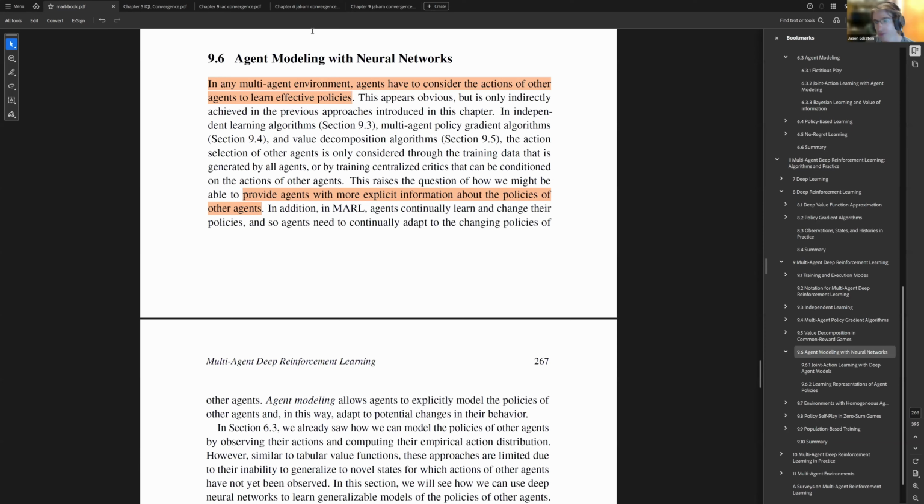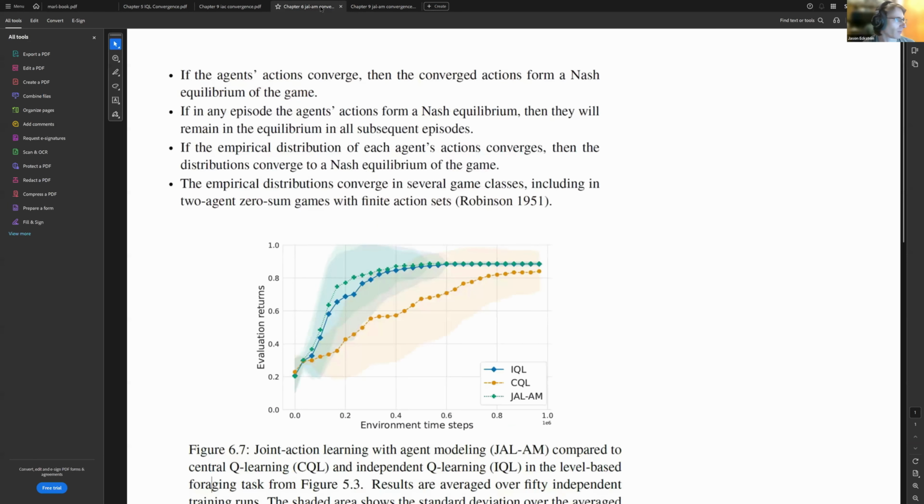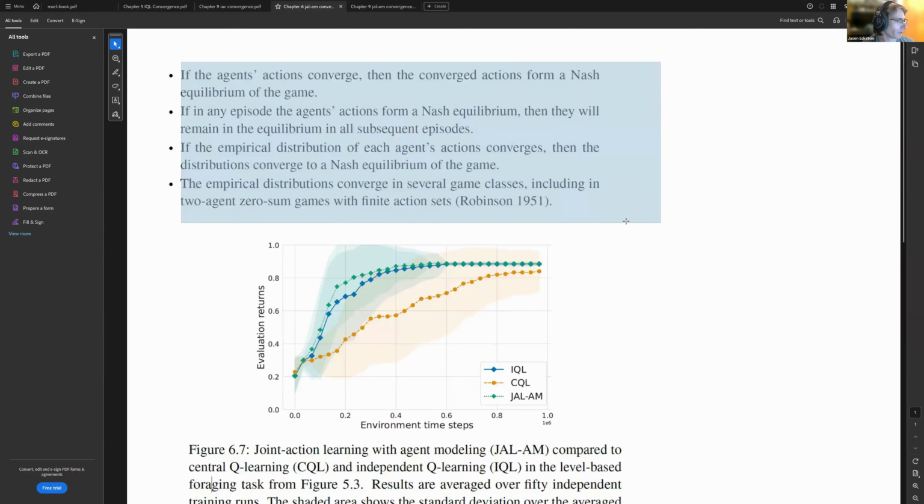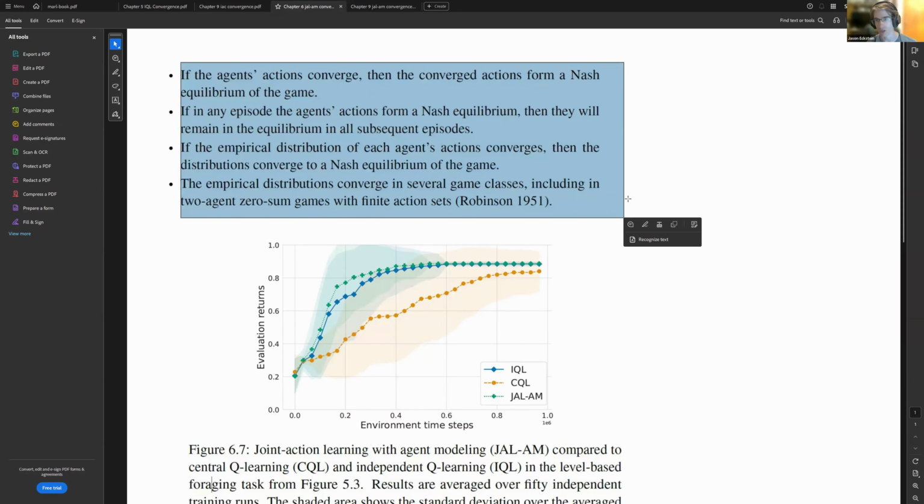Yeah, so there is some theory. Actually, before I get into the details of how this agent modeling works, in chapter 6 this is the theory of agent modeling and how it works.